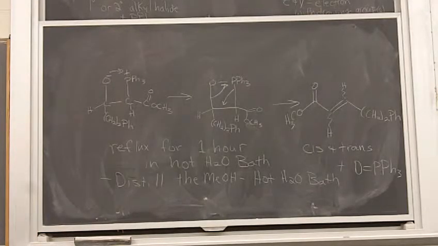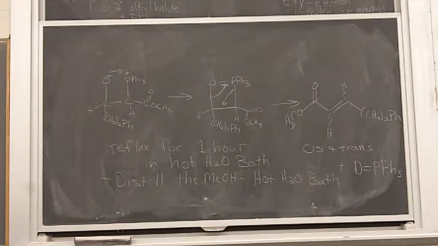Then let it cool completely, okay? Because the next step is precipitating out the triphenylphosphine oxide. So you're going to distill off the methanol, then make sure you cool that flask completely to room temperature.